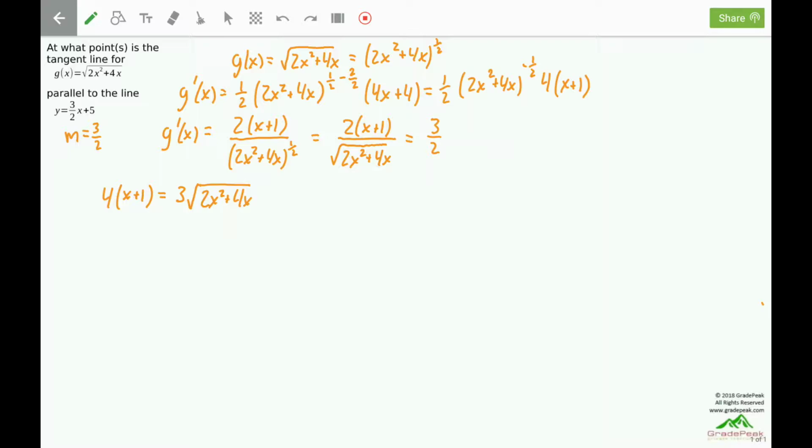We're trying to solve for x here, and therefore we now need to square both sides so that squaring will remove the root so I can have the x's outside of the root. Now this side squared, 4 squared is a 16, x plus 1 squared, and over here 3 squared is a 9, and then the square root squared cancel each other out, and I will just have the 2x squared plus 4x.